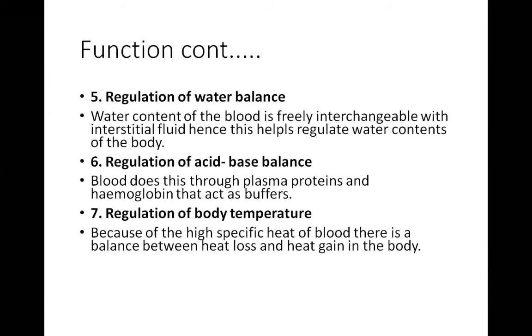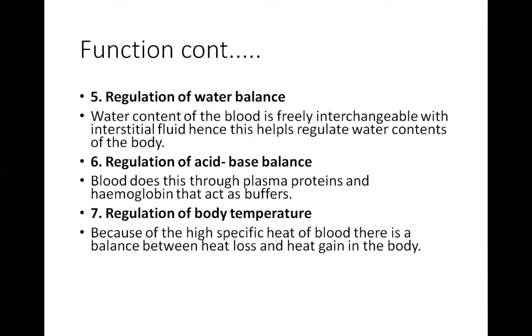We have the regulation of water balance, whereby water in blood is freely interchangeable with interstitial fluid. This helps to regulate water content in the body. Regulation of acid-base balance. Blood does this through plasma protein and hemoglobin that act as buffers. We have the protein buffers in the blood.